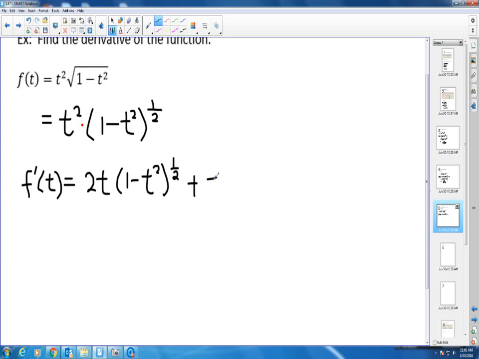I'm going to write down my t squared here at the beginning, because I will still end up times the first, which is my t squared. So derivative of the second, using the chain rule: derivative of the outside, 1/2 minus 1 will be negative 1/2, then times the derivative of the inside. Derivative of the inside will be negative 2t.